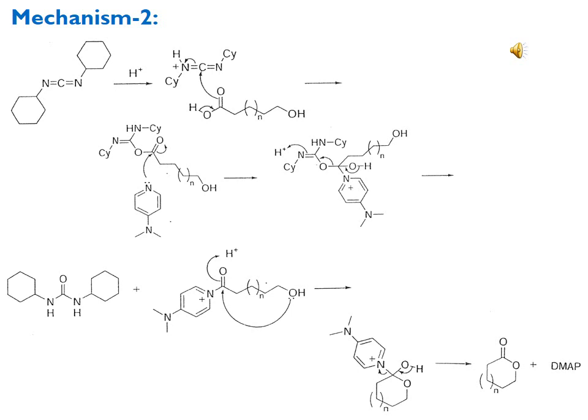But in this mechanism you are seeing the pyridine structure shown only with positive charge. I think the more stable form is that in which this ring contains 2 double bonds, and the dimethylamino moiety contains a carbon nitrogen double bond and the positive charge on this nitrogen, which is easily counterbalanced by the negatively charged species.